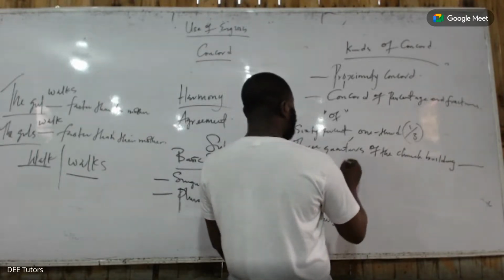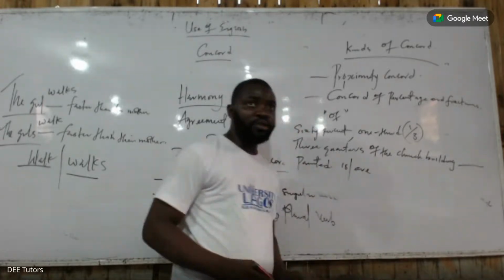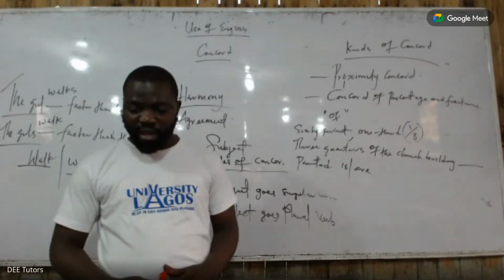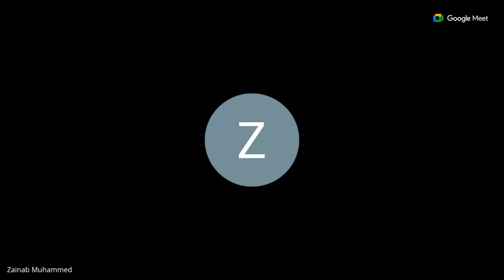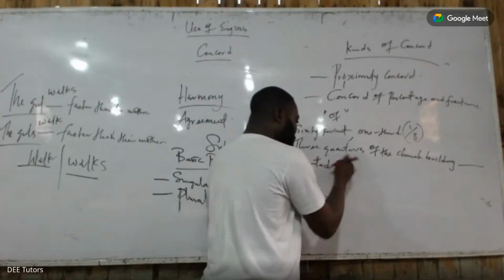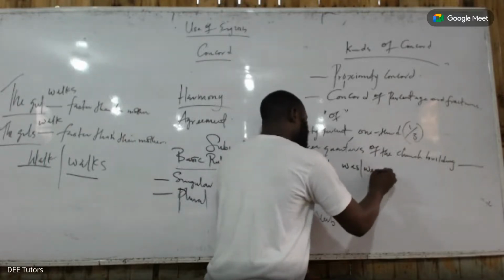Now, the option is between "was" and what? "Were." The option is between "was" and what? "Were." Do you get me?